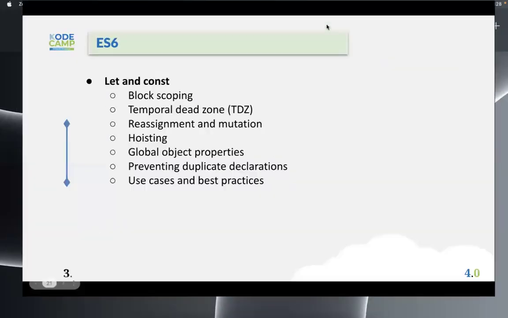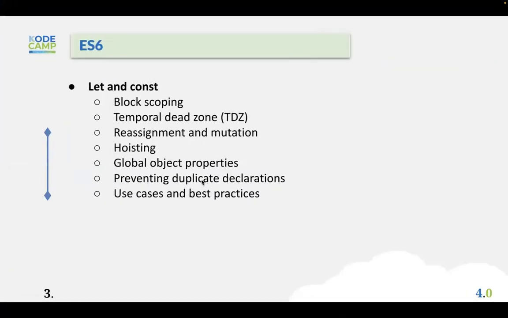So moving on, we have preventing duplicate declarations using let and const. There are several ways to prevent duplicate declarations in JavaScript, especially after ES6 was introduced. You can use let and const.